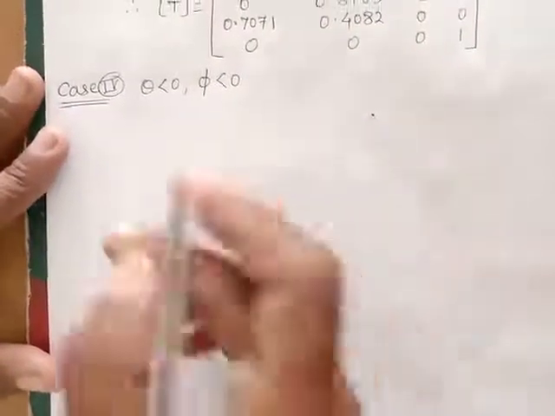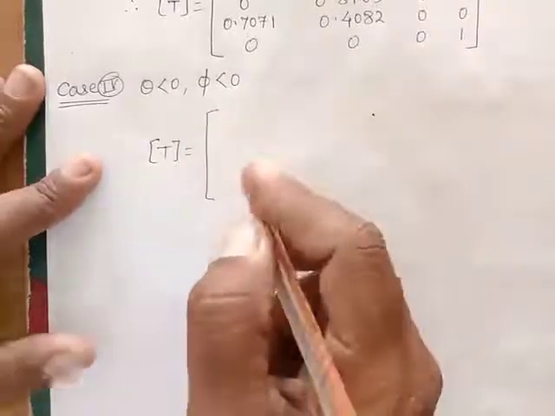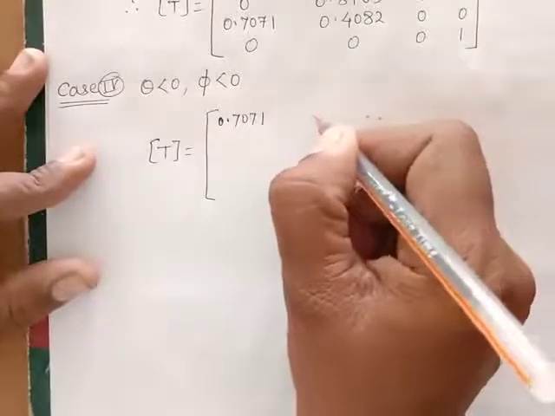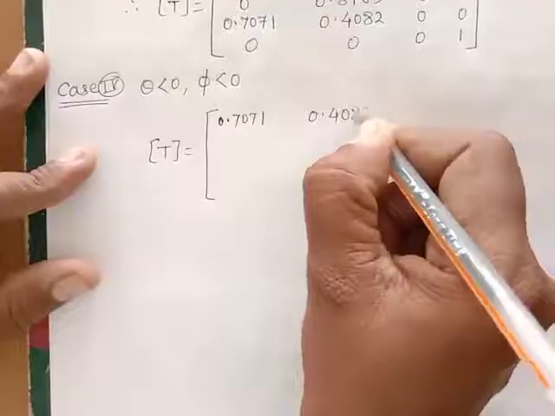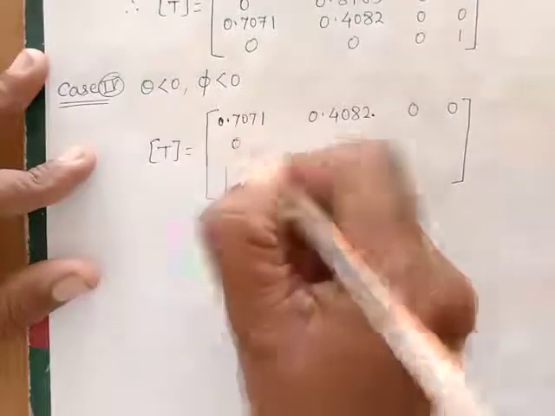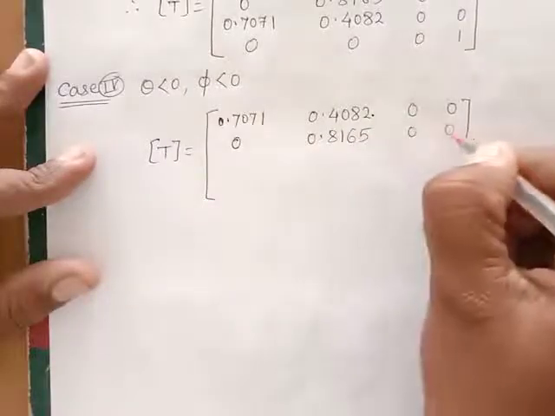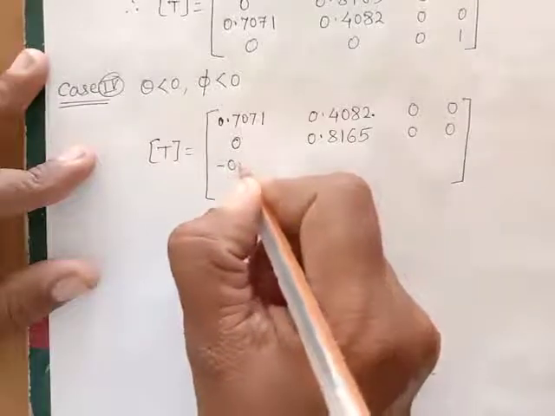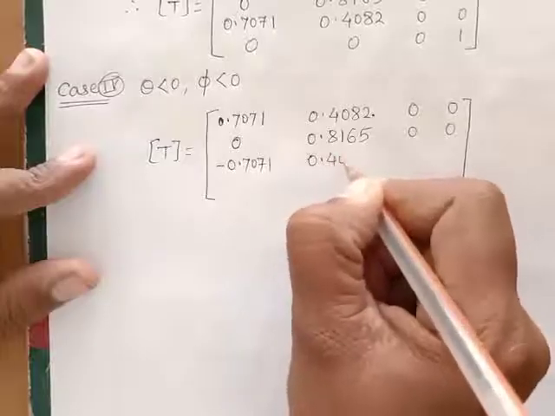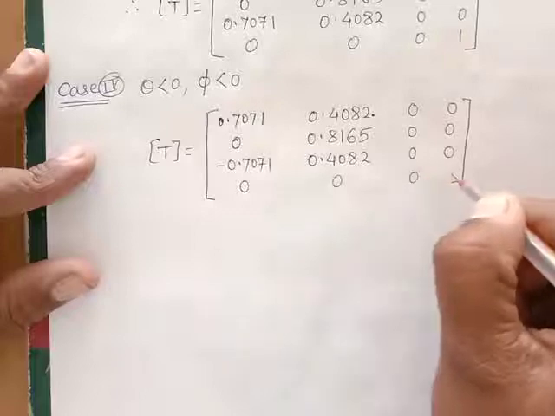So in that case, the transformation matrix T is 0.7071, here 0.4082, 0, 0; 0, 0.8165, 0, 0; minus 0.7071, here 0.4082, 0, 0; 0, 0, 0, 1.